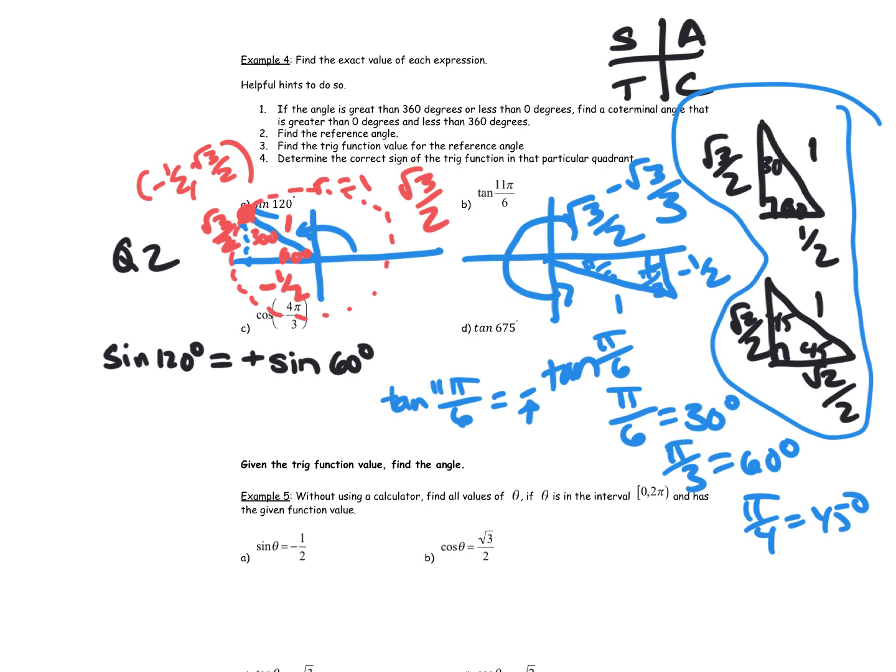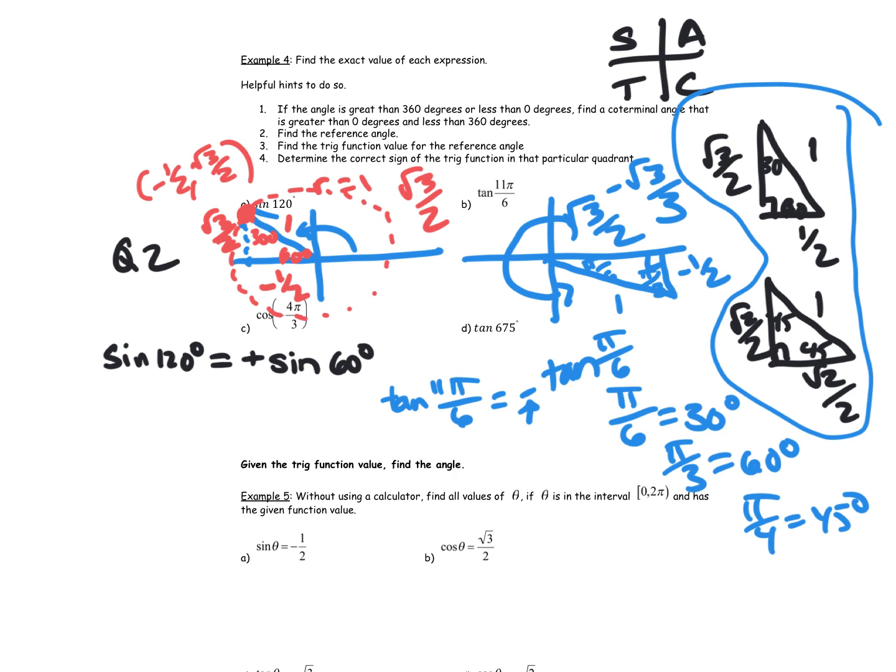Either way, a lot of people draw the triangles in the coordinate plane, and it's going to be slow going at first. But I promise the more you do this, the better and quicker you'll get at it. Okay, so try those. You're going to have a lot of practice with these in the homework section.